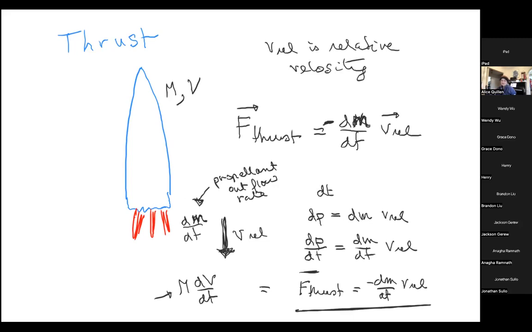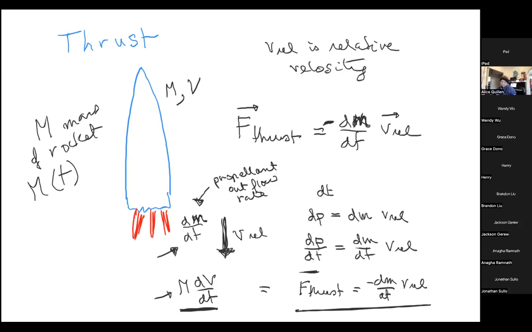Generally, to get out of the gravity well... So m is the mass of the rocket, but m could be a function of time because you're expelling some mass in the propellant. So you could take that into account if you want to actually predict.